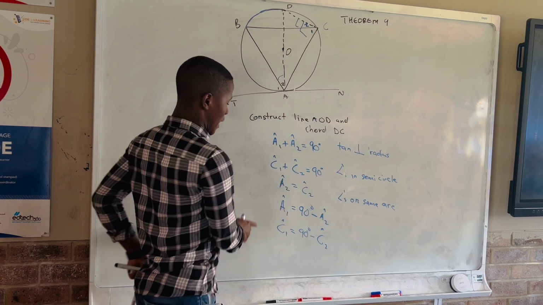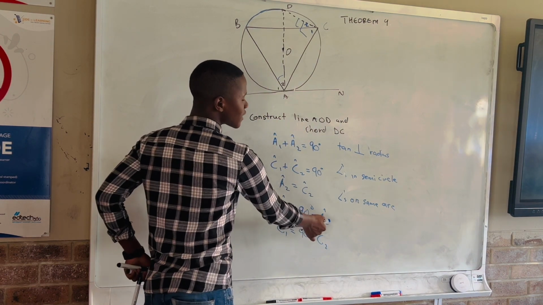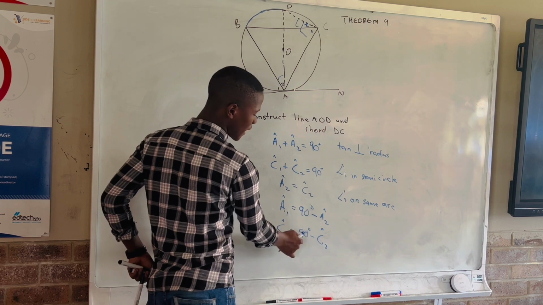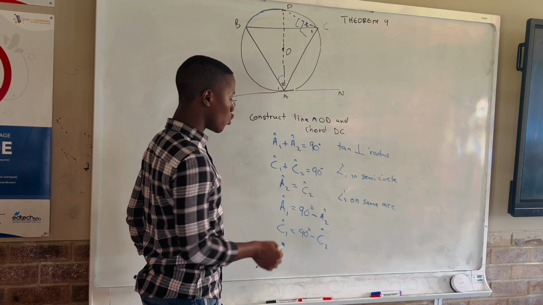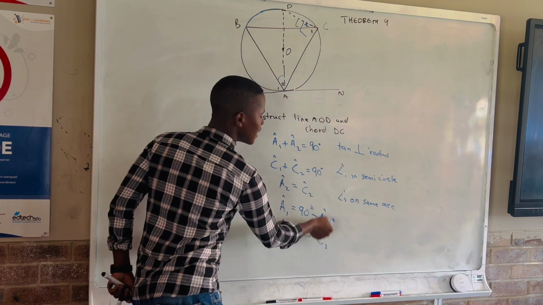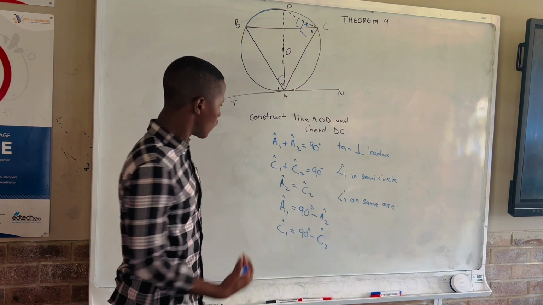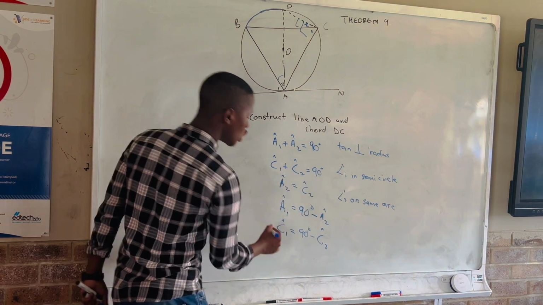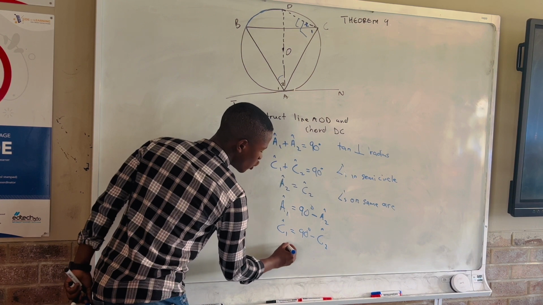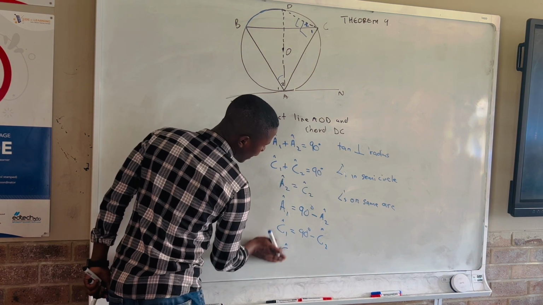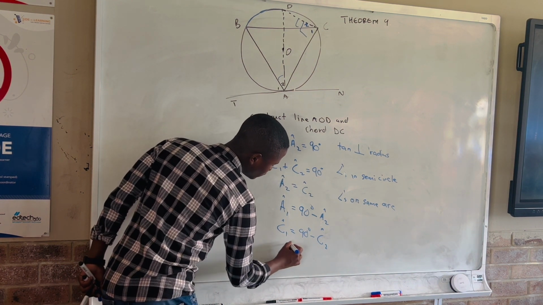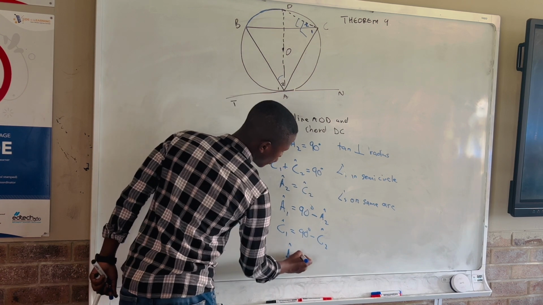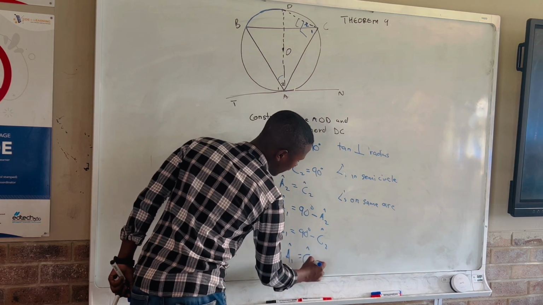But can you see that your angle A1 is 90 degrees subtract A2, angle C1 is 90 degrees subtract C2, and you are subtracting the angles that are the same, right? So therefore, you can then conclude that your angle A1 is equal to your angle C1.